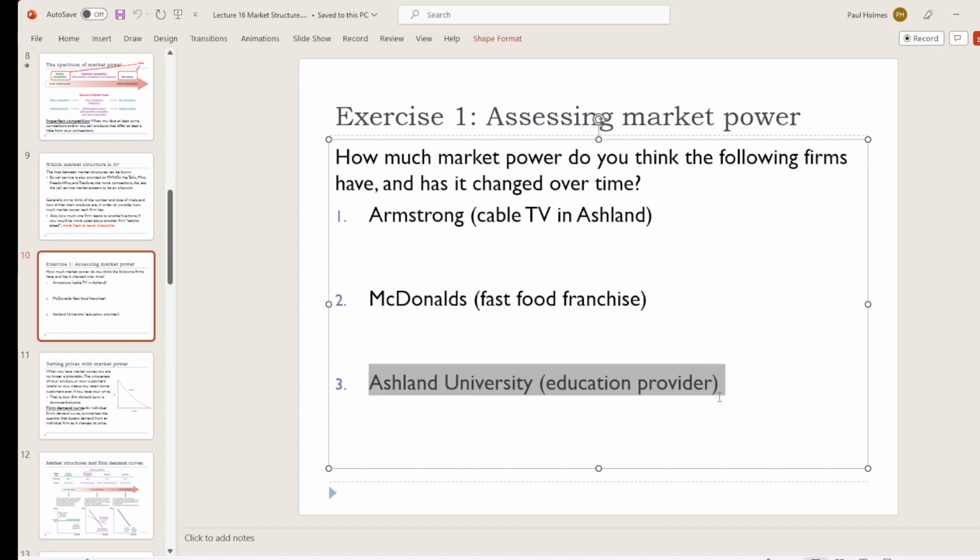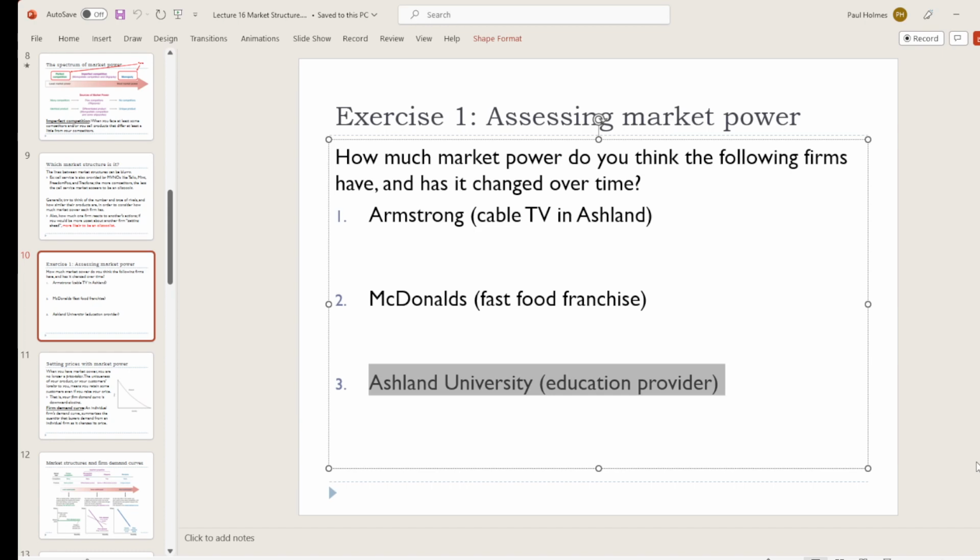How about the third one? Ashland University. We don't typically think of universities as businesses, but they are, at least in some real senses, right? Is Ashland unique? Does it have a product completely unlike everyone else and hence it has no close competitors? No, that's not right. Is it operating in a perfectly competitive market where there are lots of firms selling identical products?